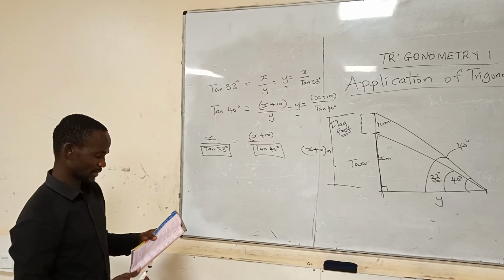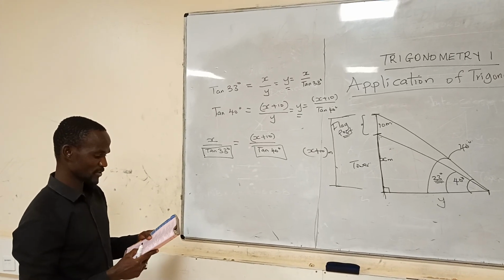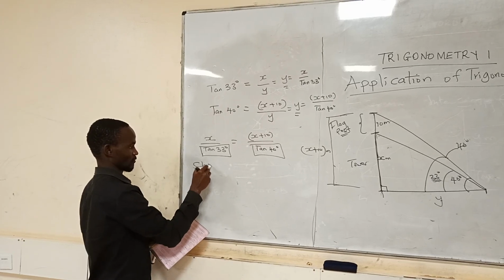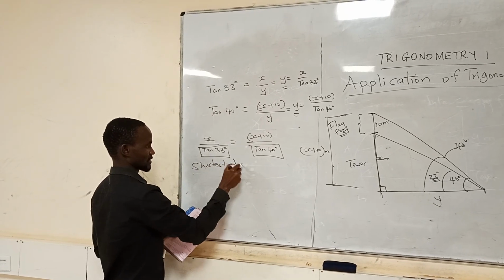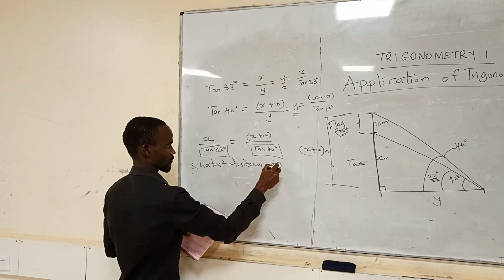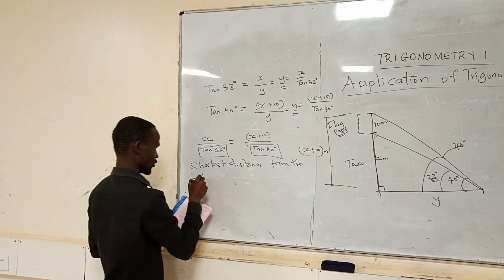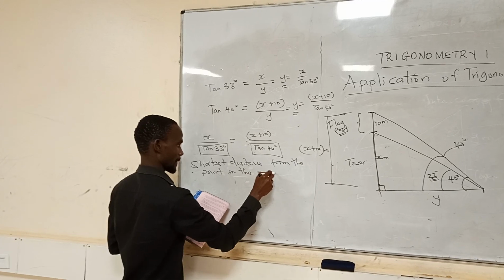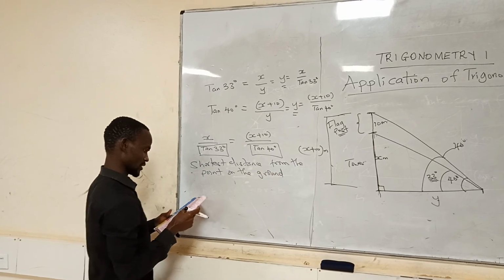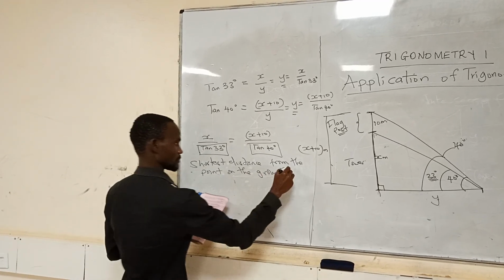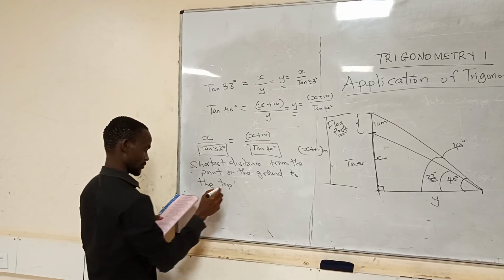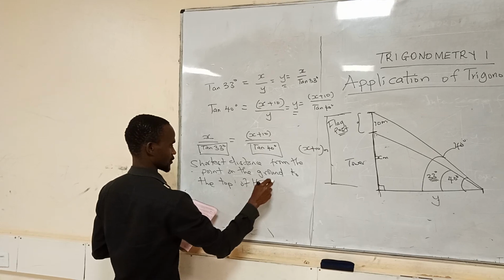Then you are being asked part B, the shortest distance from the point on the ground to the top of the flag post.